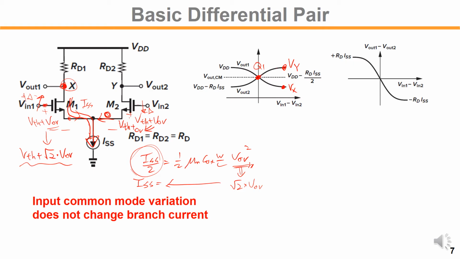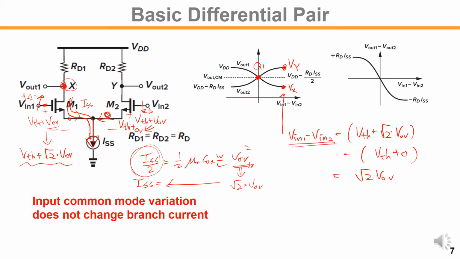If you take the difference between Vin1 and Vin2, Vin1 minus Vin2 gives us VTH plus square root 2 times overdrive minus VTH plus 0, so root 2 times Vov. So the voltage difference between the two input terminals is square root 2 times the overdrive voltage.